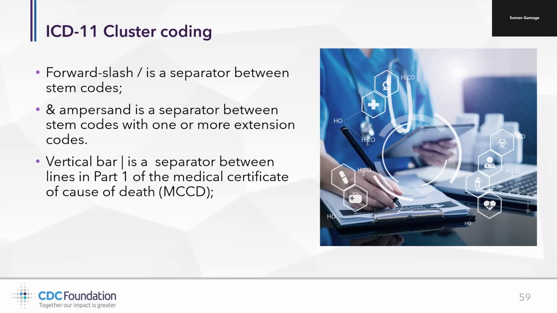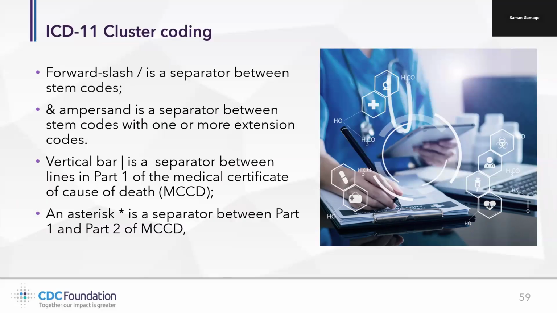Vertical bar is used in mortality coding, as a separator between lines in part 1 of the medical certificate of cause of death. This is also a standard separator. An asterisk is a separator between part 1 and part 2 of the medical certificate of cause of death.